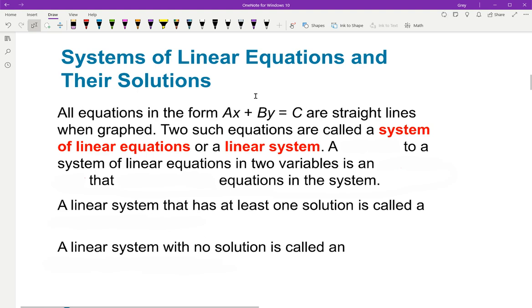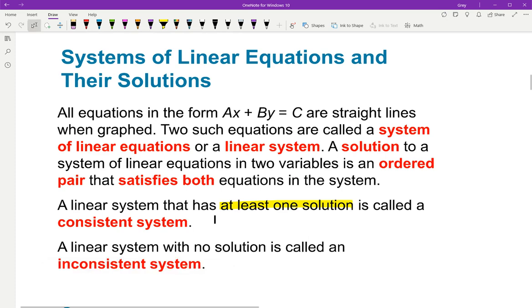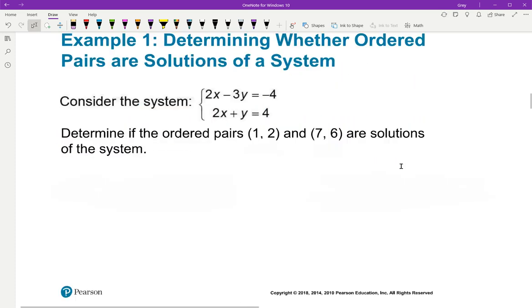The point is when you graph it, it's a line. That's why it's called a linear system. The solution to that linear system is any ordered pair that satisfies both equations in the system. If it has at least one solution, it's called consistent, and if it has no solution, then it's referred to as inconsistent.